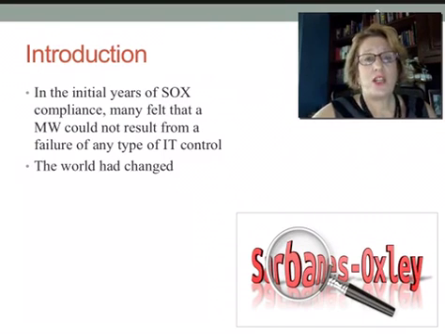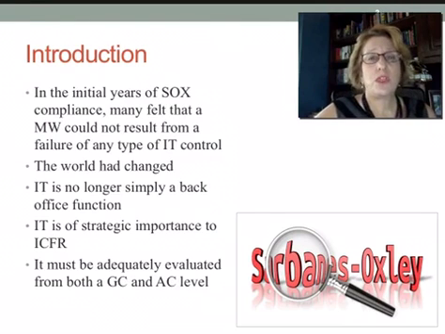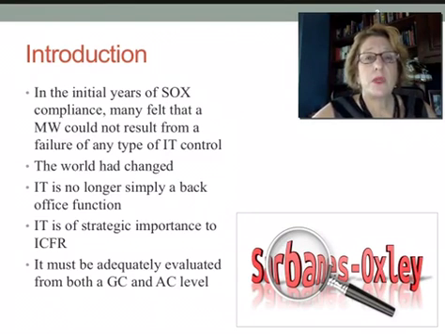The world has changed, as we all know. Information technology provides us a lot these days. It's really no longer just that back office function that a lot of people used to think of it as. Information technology is of strategic importance to internal controls over financial reporting. That's how we pull all our information together.